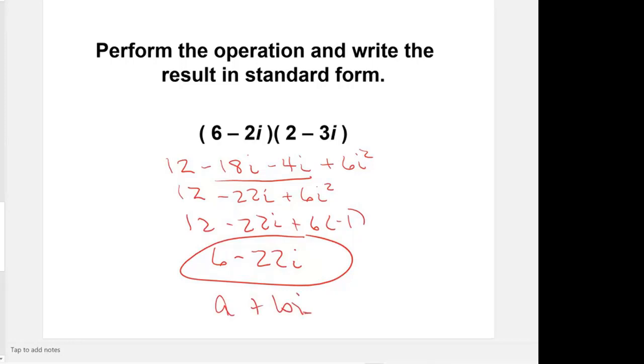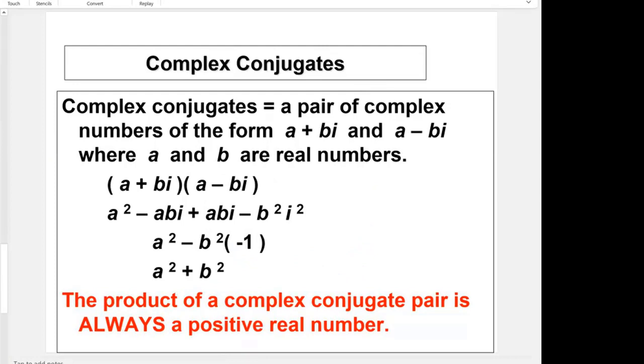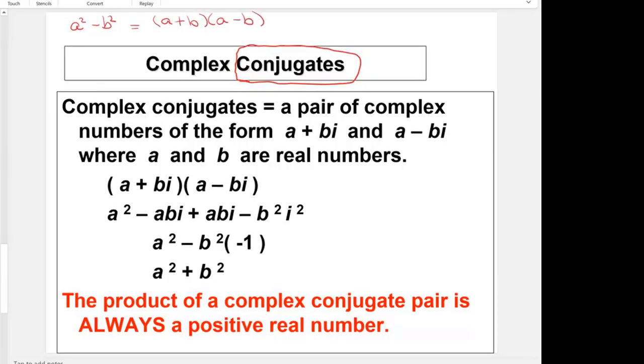Now the hardest part is going to be the division. We have something called conjugates. It's a word some of you probably have heard before, maybe you don't know what it means. But basically, if you look at the difference of squares, let's say a squared minus b squared, that can always be factored to a plus b times a minus b, right?